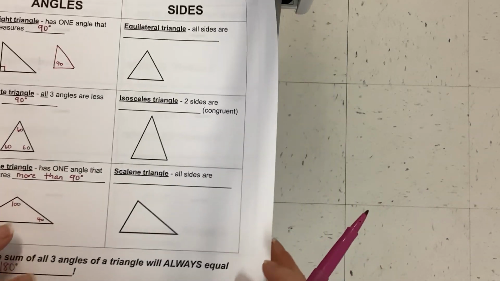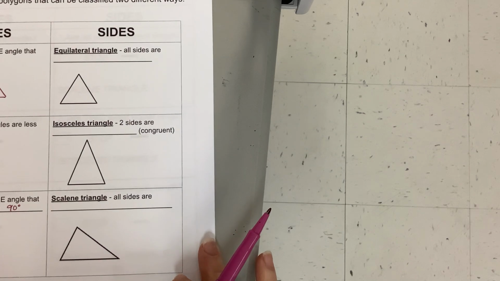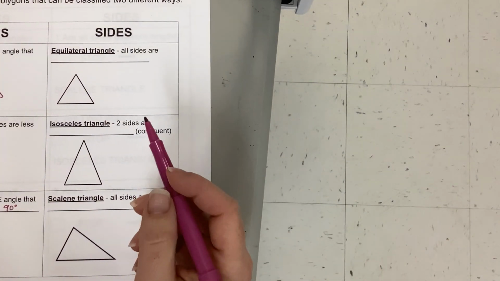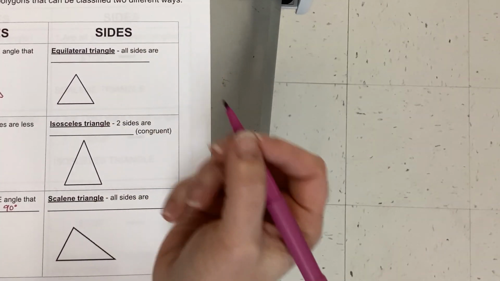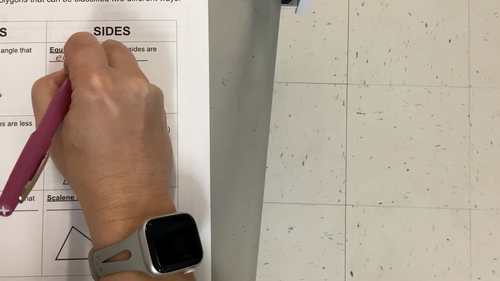Okay, so moving over to sides of a triangle, this is the second way that we classify them, and that is the length of their sides. An equilateral triangle is just what it sounds like. All 3 sides are equal length.